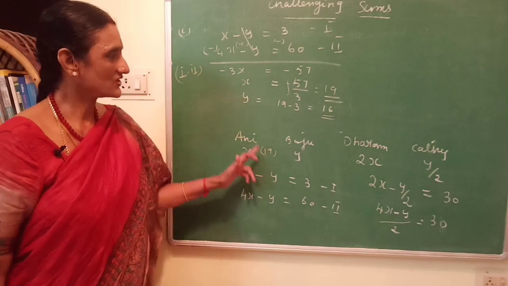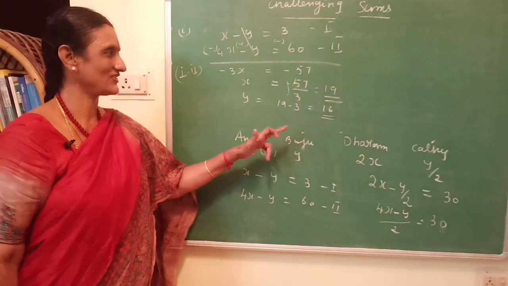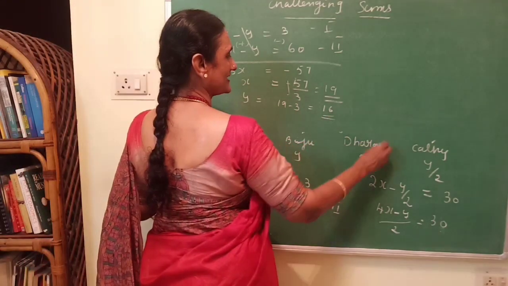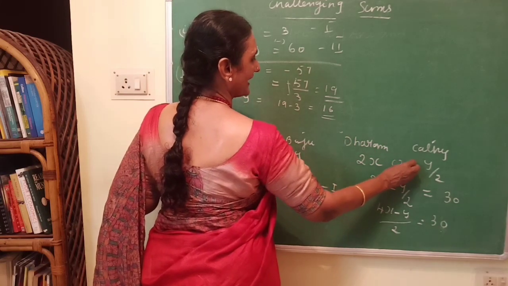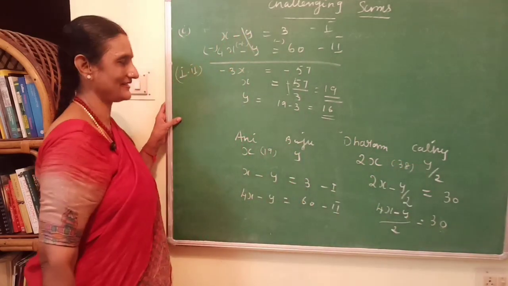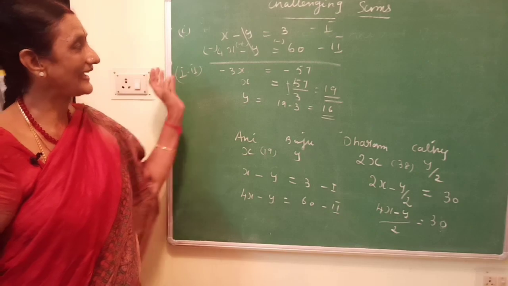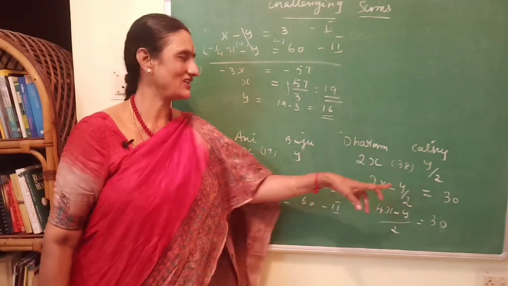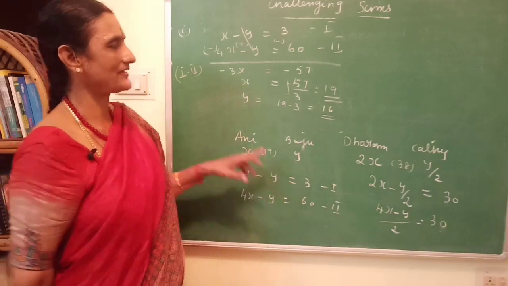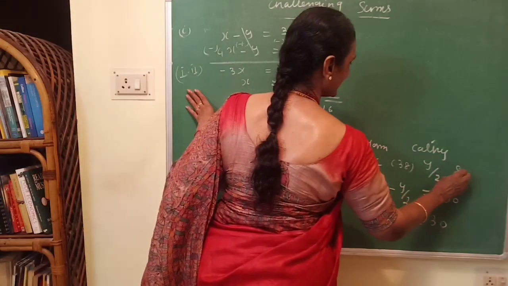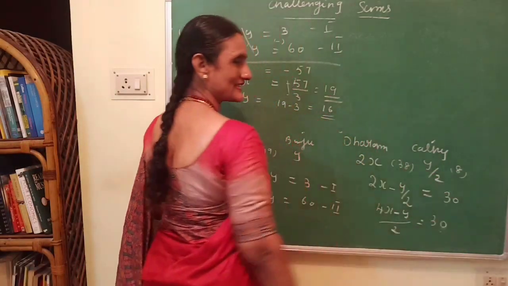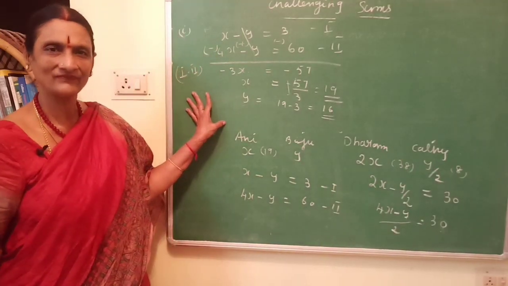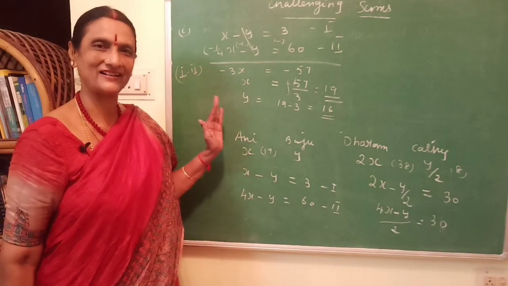It is twice of Ani's age. So Dharam's age is 38, since 19 twos are 38. What about Kathy's age? Half of Baiju's age. You will get y by 2 is equal to 8. So the equations are correctly done, correctly matched and correctly solved.